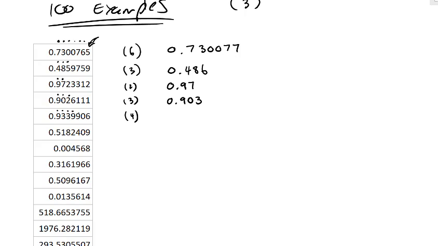Because this one is going to round this one, it's going to be slightly different. The answer is going to be 0.9340. What happens is if you round this one up, that goes to a 10, which makes it a 0 and a 1. So it makes this one a 4, so 0.9340.